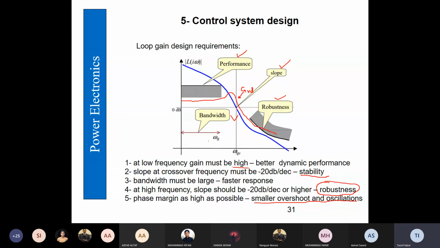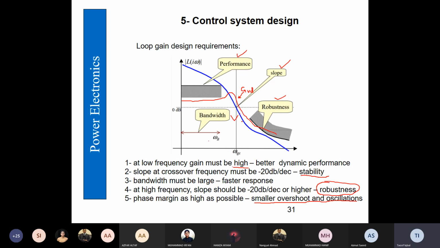That means the point where the loop gain crosses the 0 dB line should be at a very high frequency. The crossover frequency should be high enough, and the inverse of that is going to be the settling time, which indicates a faster response of the system.